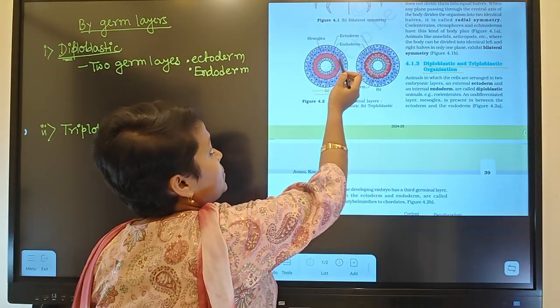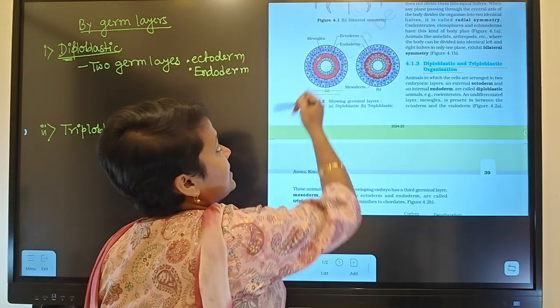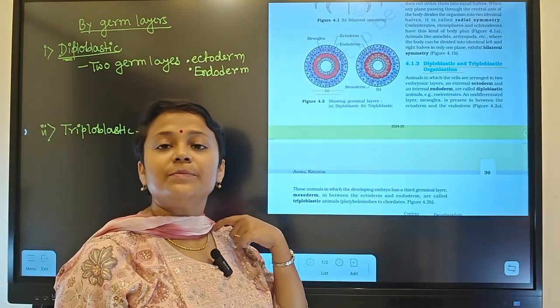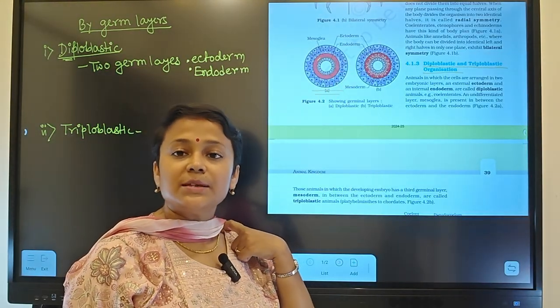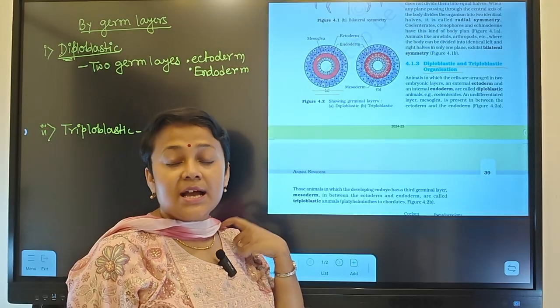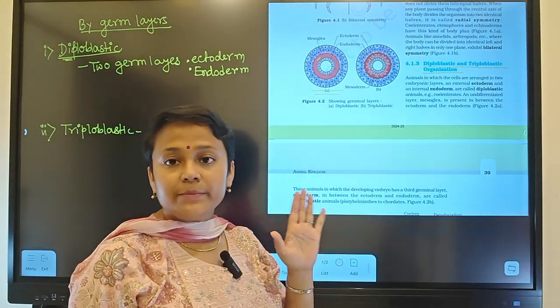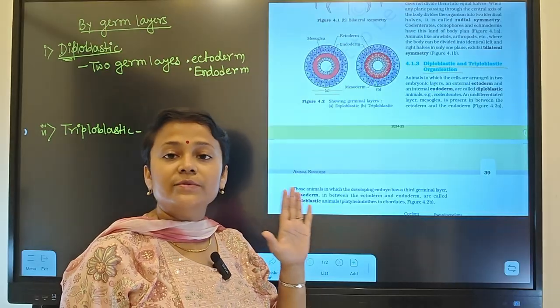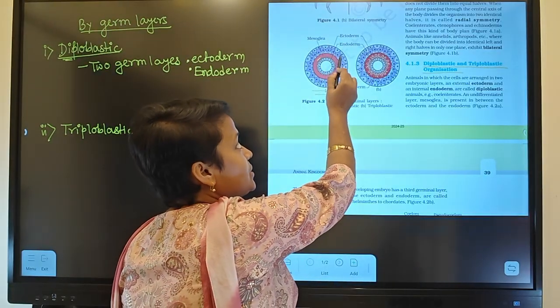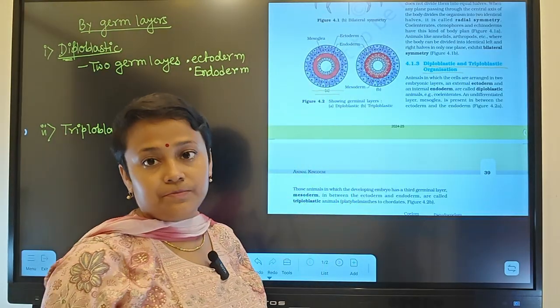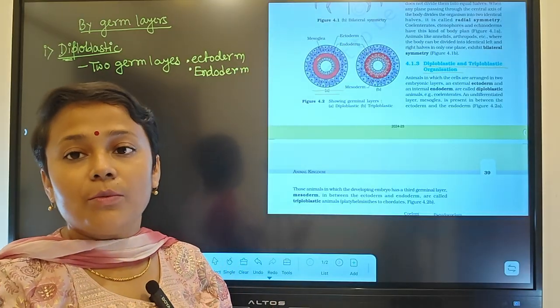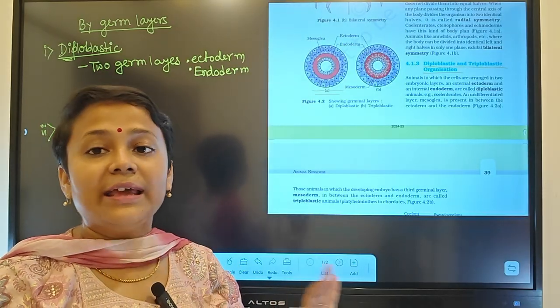But in between the two there is a non-cellular layer called mesoglea, which is a jelly-like substance. Sometimes some cells are present in the mesoglea, but remember that these cells always come either from ectoderm or from endoderm. They do not form a different layer.